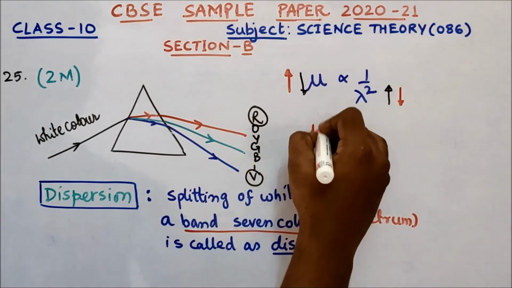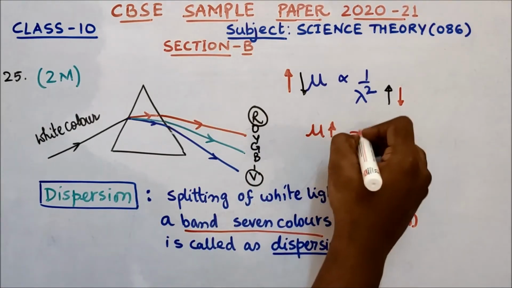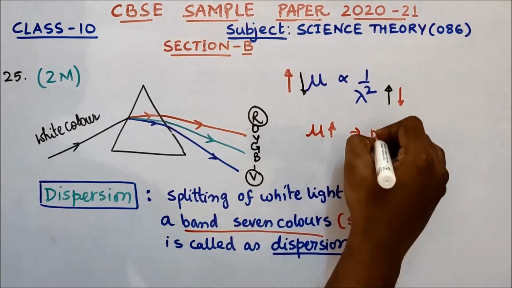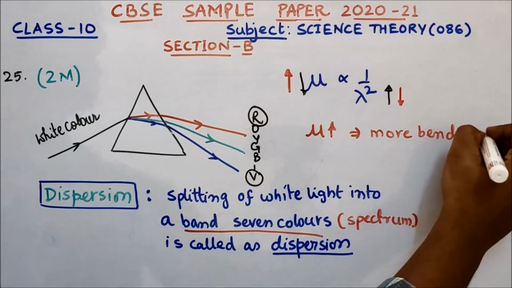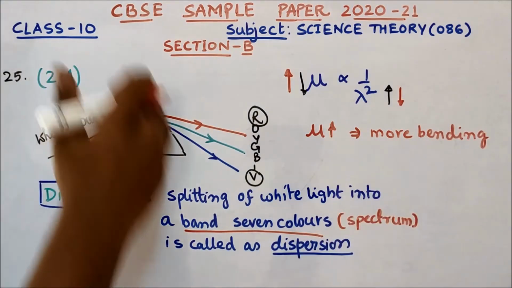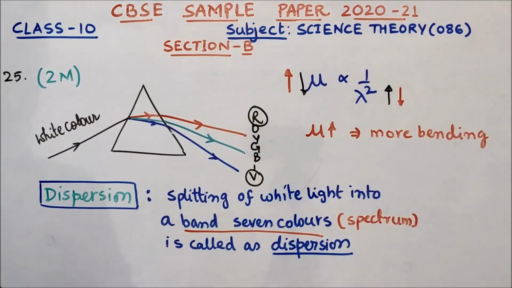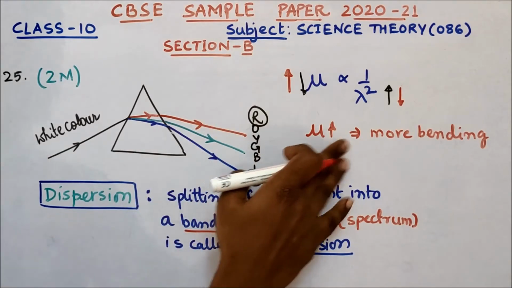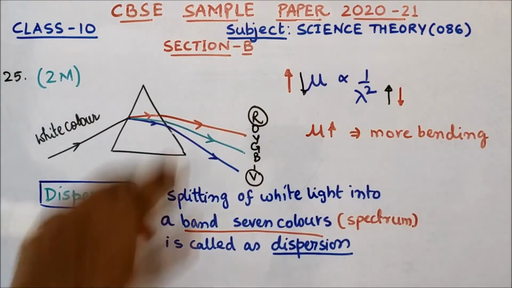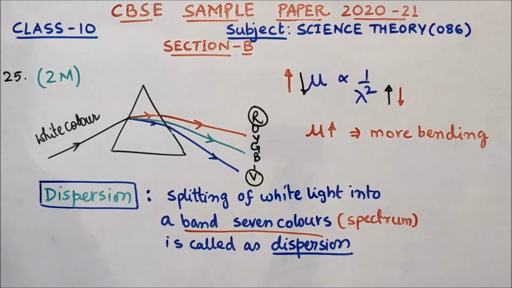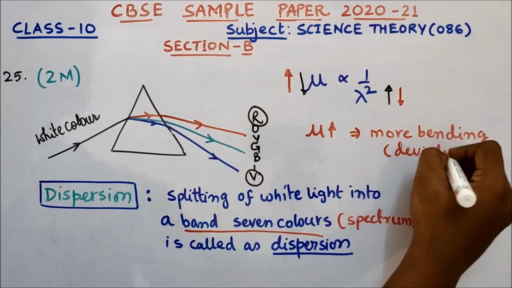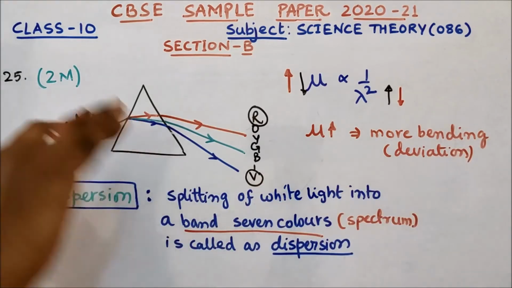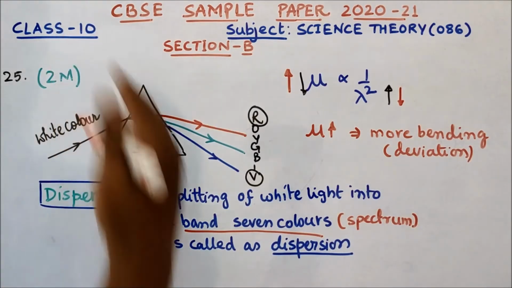If the refractive index is more, this implies more bending of light when it falls obliquely at the boundary, so more deviation from its path.